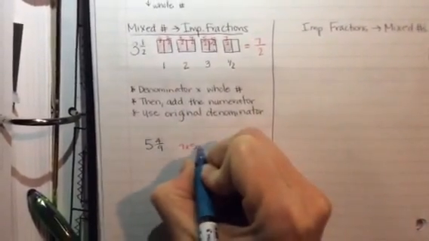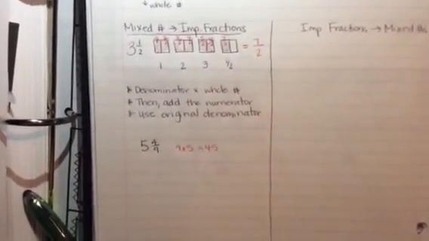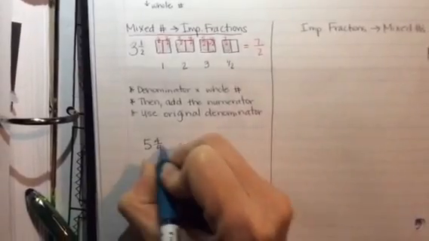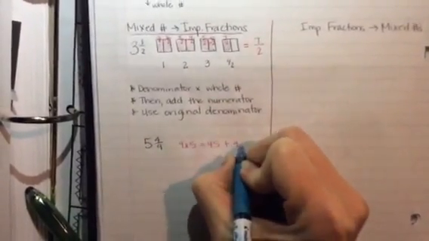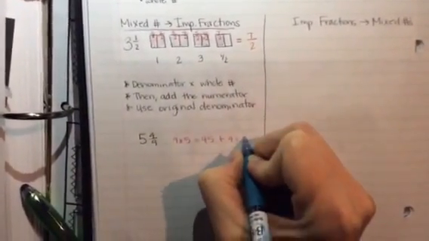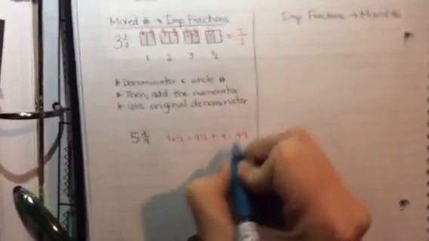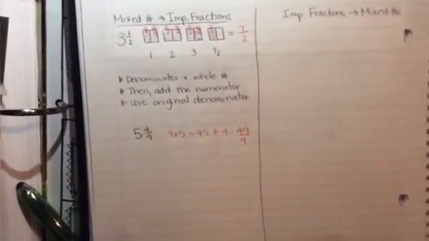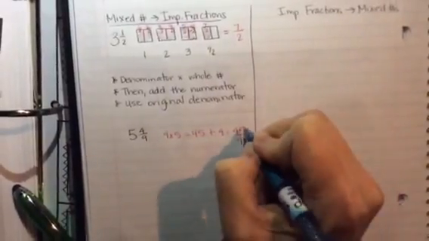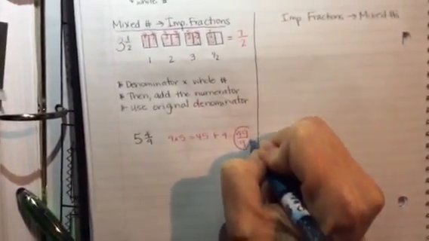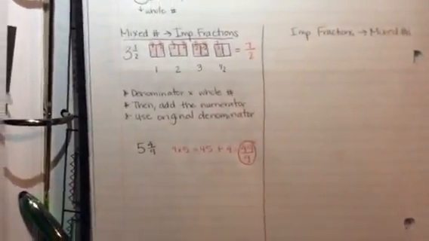So that would give me 45 pieces right there. Then I already had 4 pieces here, so that means that's a total of 49 pieces. And they're all cut into ninths sizes. So that means my improper fraction that matches that is 49 ninths.